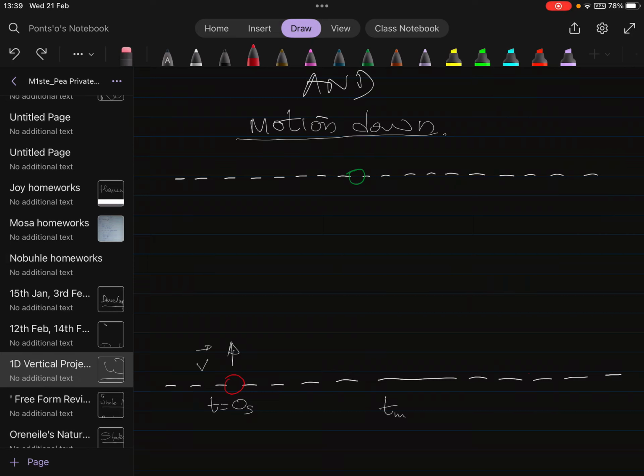And then at a certain point, it comes back down to Earth and it's traveling down. All this time, g acts on it vertically downwards, right?